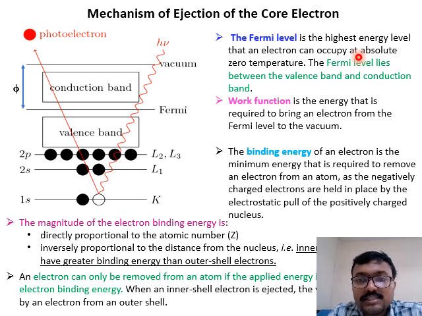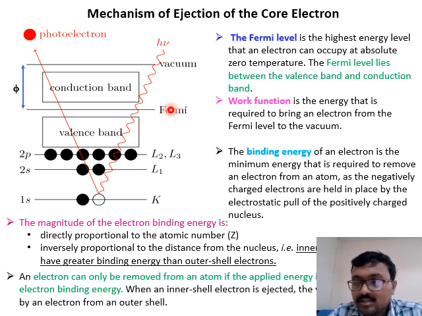The Fermi level is the highest energy level that an electron can occupy at absolute zero temperature. The Fermi level lies between the valence band and conduction band. After the conduction band, there is one level that is called the vacuum level, and the vacuum level has energy.